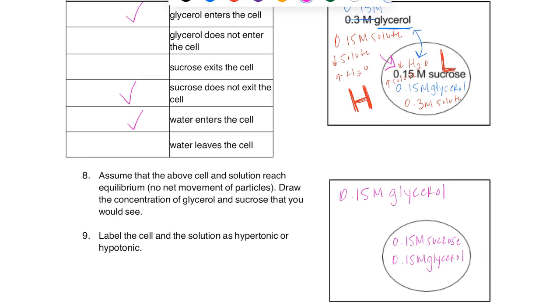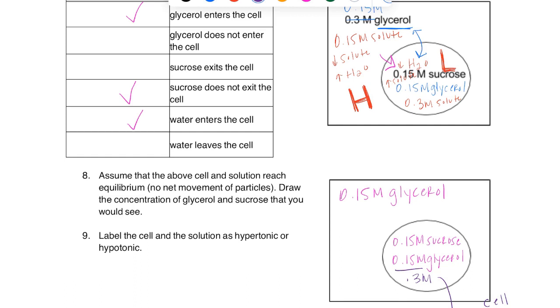So now it says label the cell and the solution as hypertonic or hypotonic. Inside the cell, we have 0.15 plus 0.15, so we have a total of 0.3 molar solute. So inside the cell, we have high solute. And when we have high solute, remember that is hypertonic. So our cell is hypertonic.